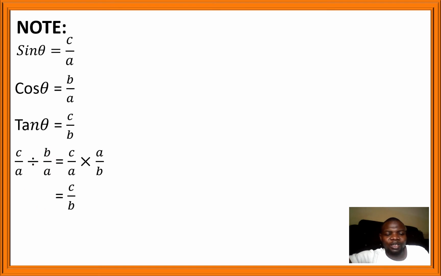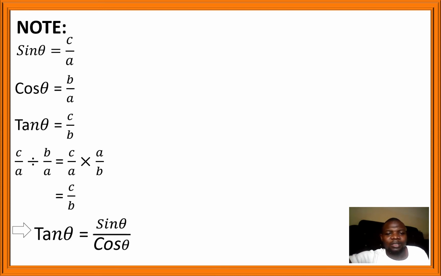So in this case, we can see that tan of theta, that is c over b here, is as a result of dividing sine of theta by cos of theta. So simply put, we can say that tan theta is equal to sine theta over cos theta.